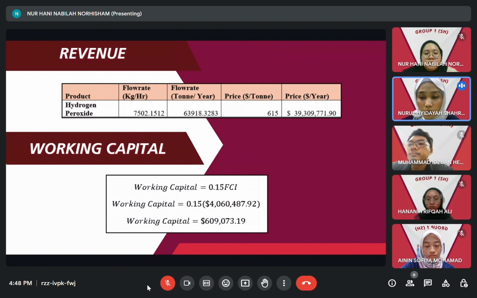And for the working capital, we use this equation, which is 0.15 multiplied by the fixed capital investment, and the value that we get for the working capital is 609,073.